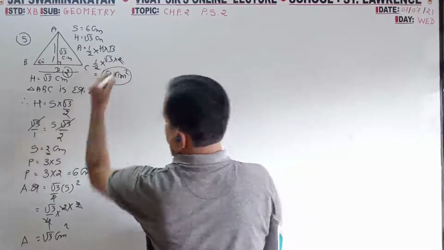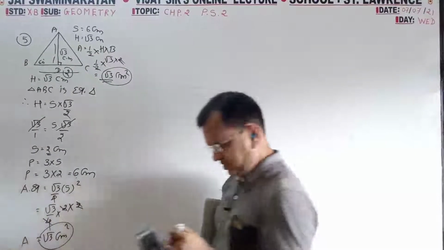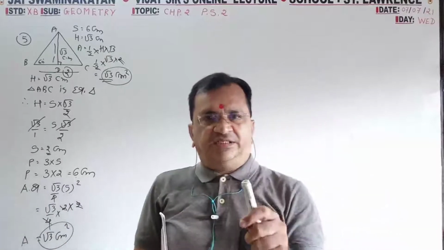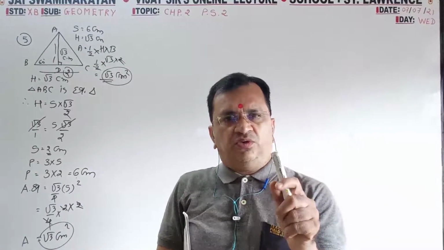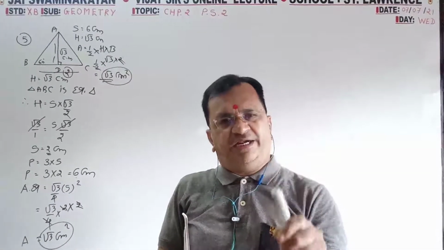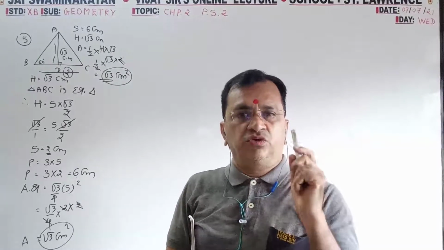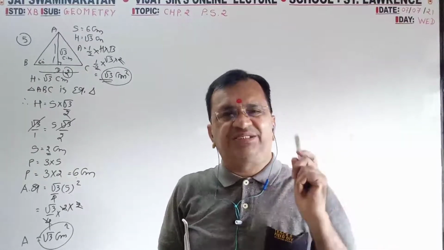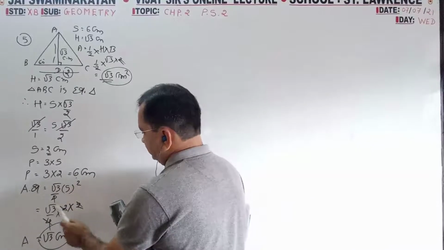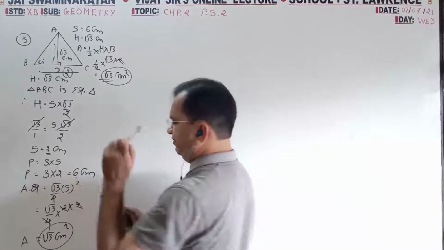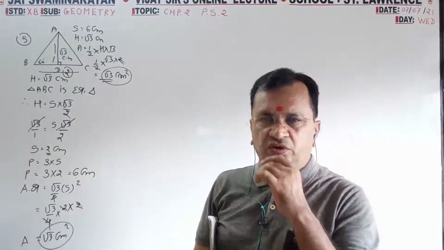See the area, now both are equal. Area is equal to half into height into base, and area is equal to root 3 by 4 side square. So root 3 by 4 side into side. By mistake I had taken 6 instead of 2.